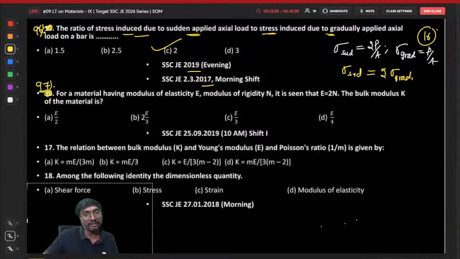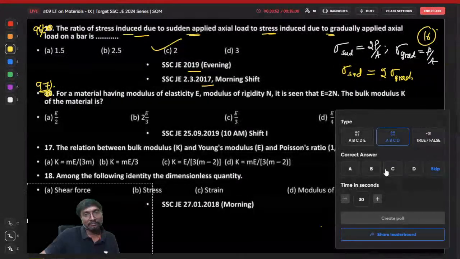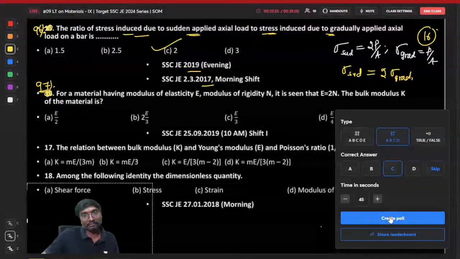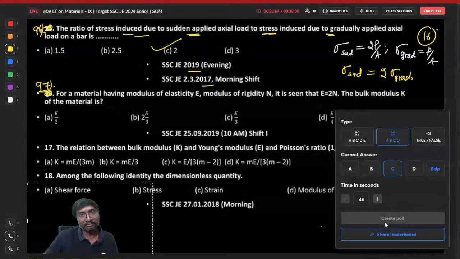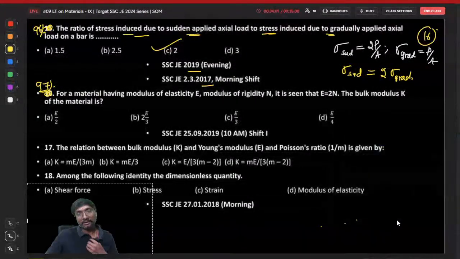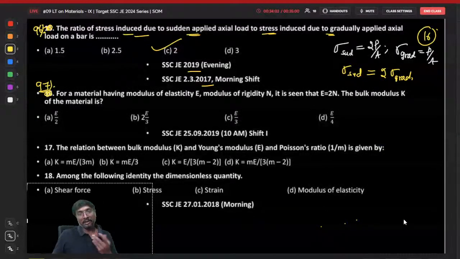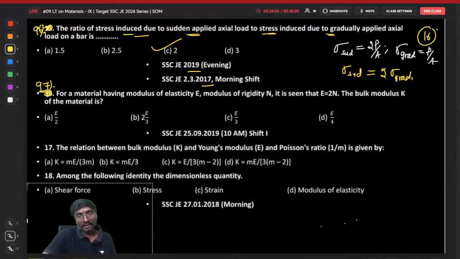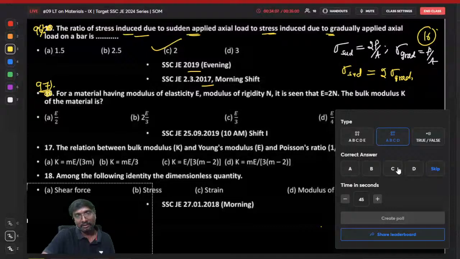Shall I move to the 97th question? Has the poll started or not? The poll is not going. Is the poll showing or not showing for all of you?